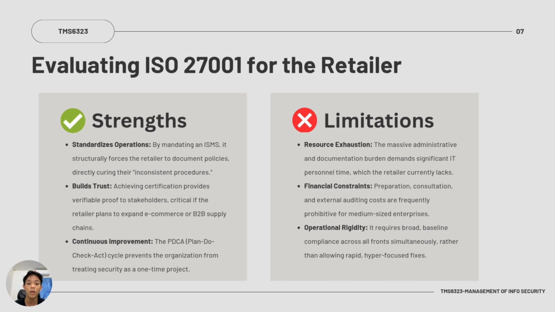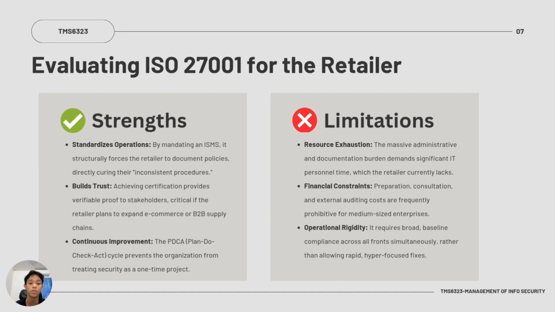So, how does ISO perform specifically for our medium-sized retailer? On the plus side, its strict mandate for governance would completely cure the retailer's inconsistent procedures. Furthermore, achieving a certification would build tremendous market trust if they plan to expand.